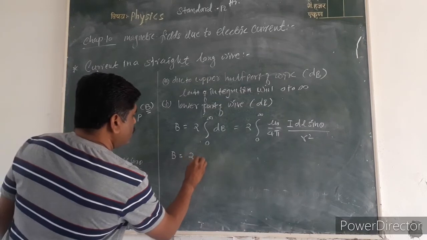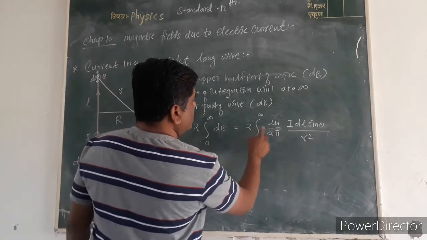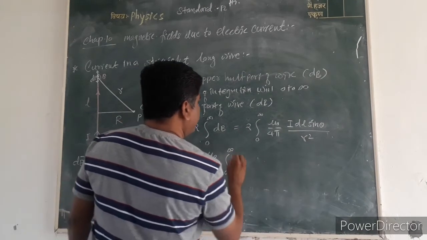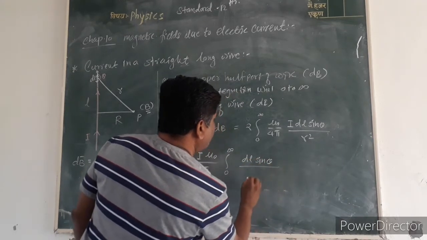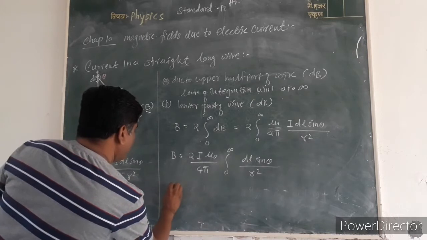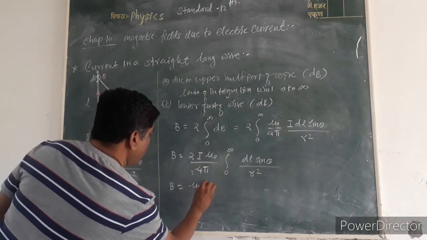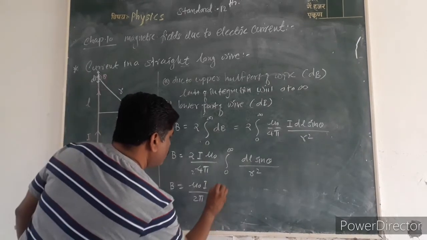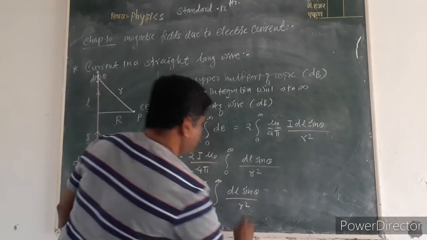Therefore, 2 I mu 0 divided by 4 pi, integration 0 to infinity dl sin theta divided by r square, or B is equal to 2 mu 0 I divided by 2 pi, integration 0 to infinity dl sin theta divided by r square.